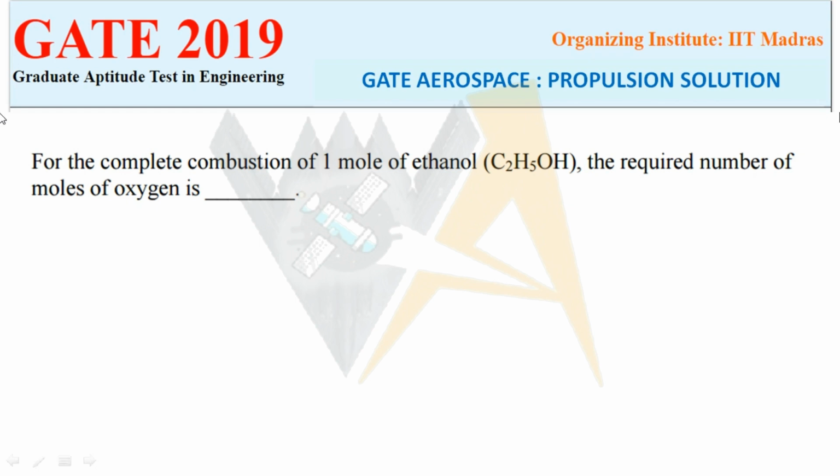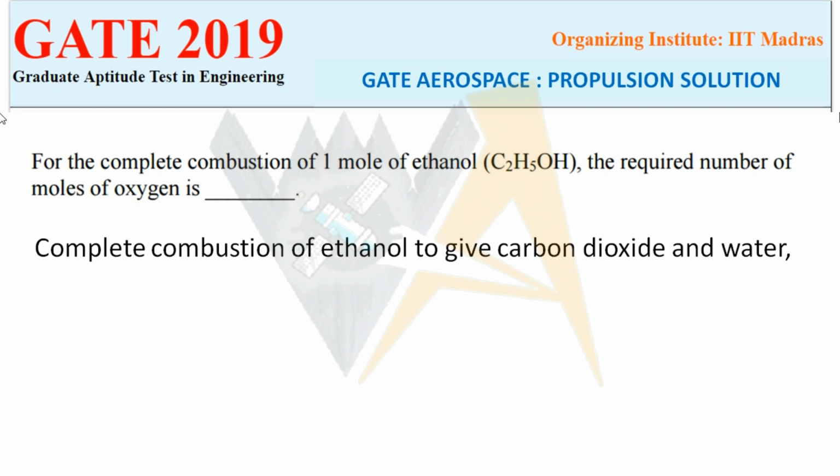First question. For the complete combustion of 1 mole of ethanol, C2H5OH, the required amount of moles of oxygen is? Here we know that when ethanol is mixed with oxygen, it gives carbon dioxide and water.